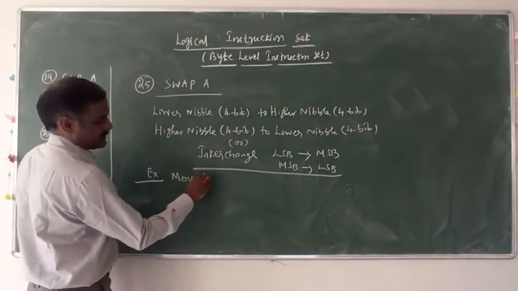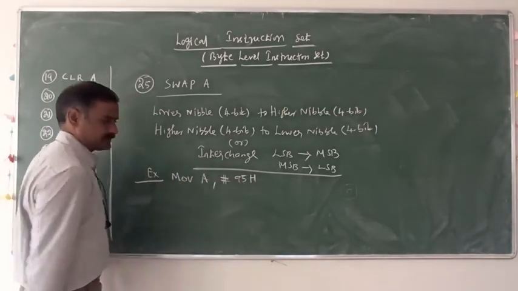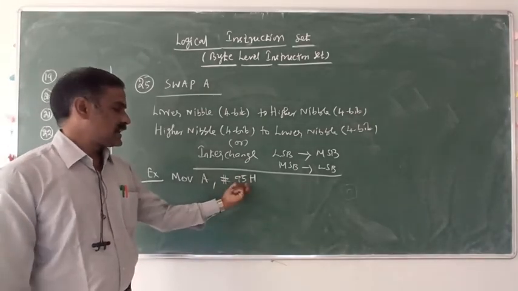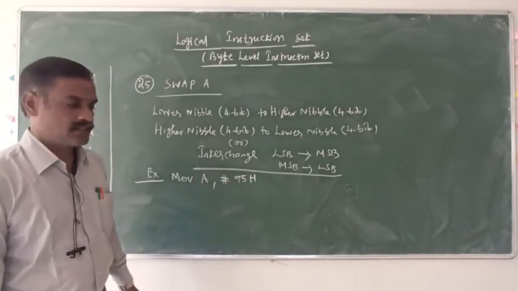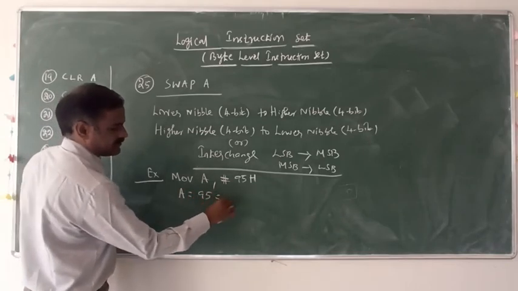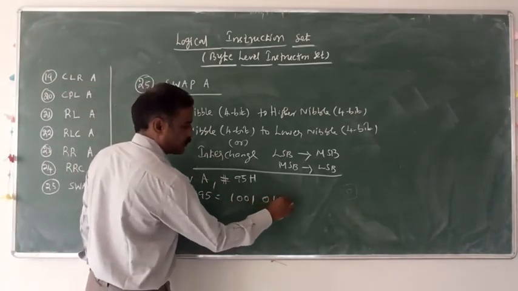MOV A comma hash 95H. The 95 data immediately moves to A register. Now register A equal to 95. 95 means 1001, 5 means 0101.